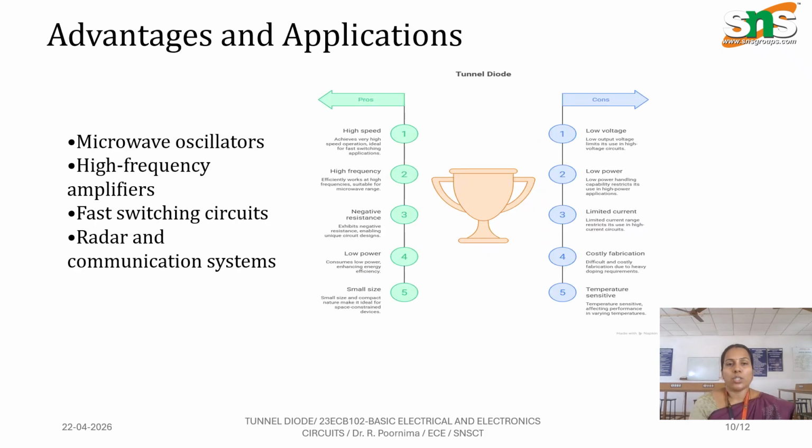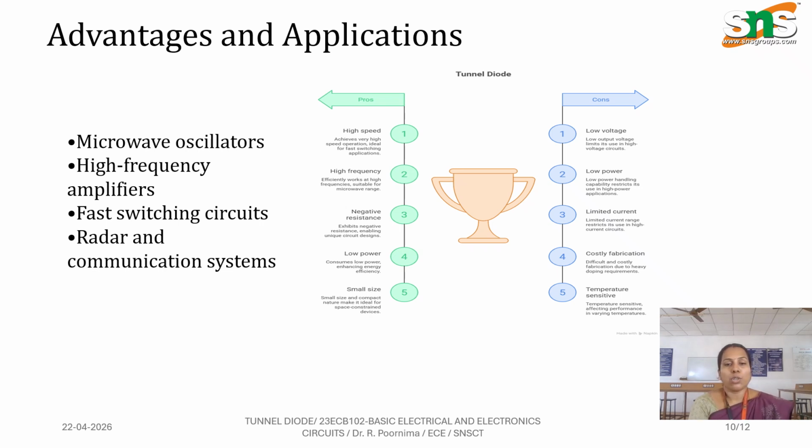And let's see the advantages and applications of this tunnel diode. It is a high speed device, and it works at high frequencies, which is suitable for the microwave range of frequencies. So it is very essential for generating oscillations at high frequencies, and it also enables unique circuit design because of this negative resistance property.